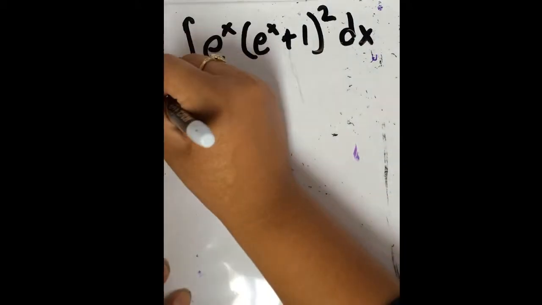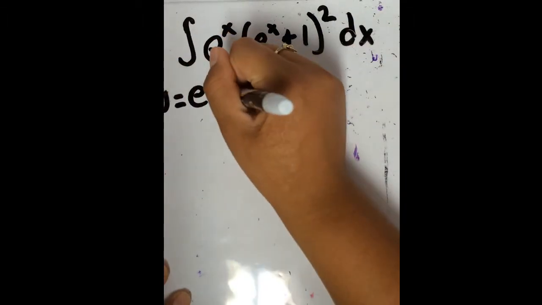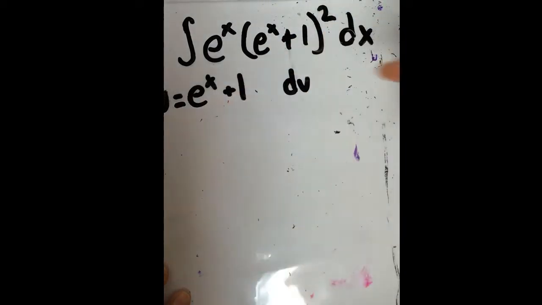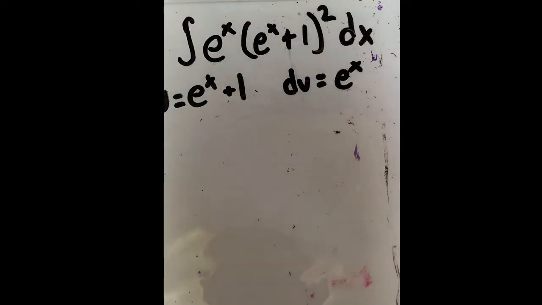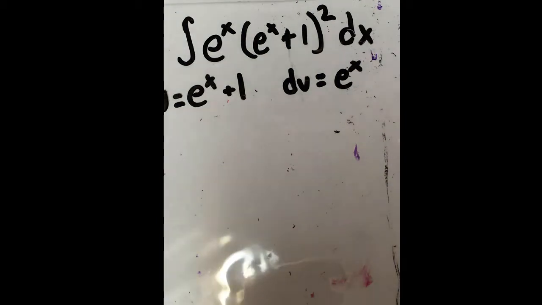So if we make our u equal to e to the x plus 1, and du, or the derivative of that, we should know it's equal to e to the x, because the derivative of e to the x is e to the x, and the derivative of 1 is nothing, so that goes away.